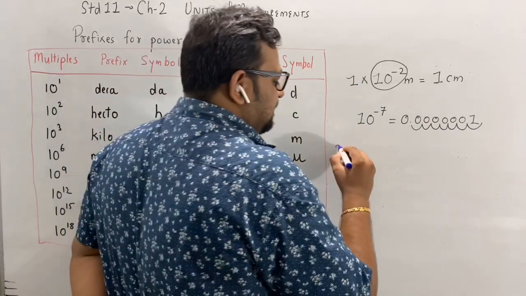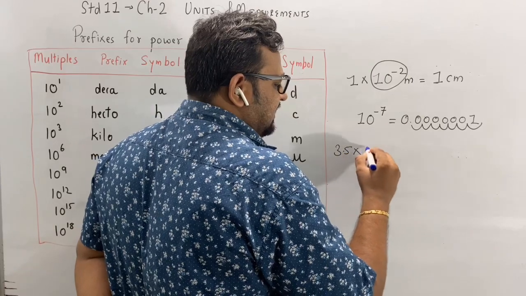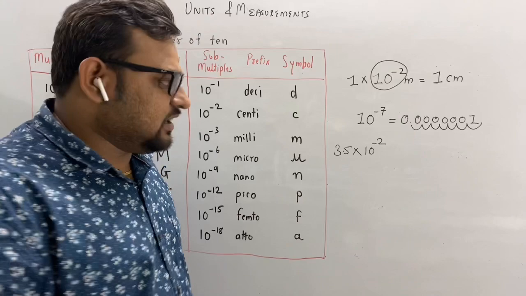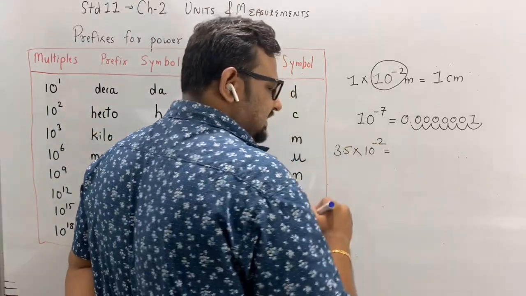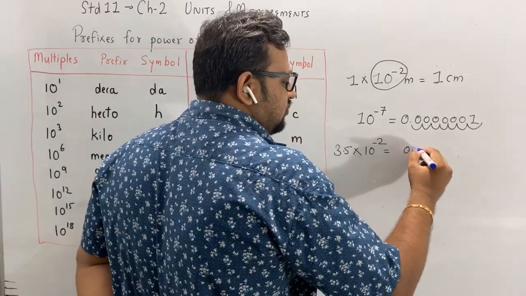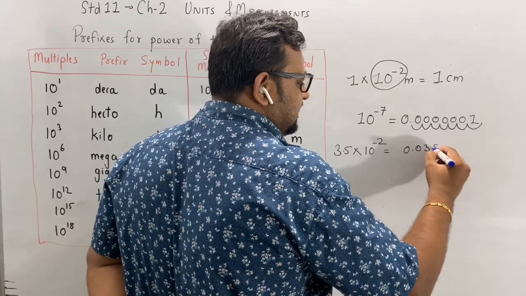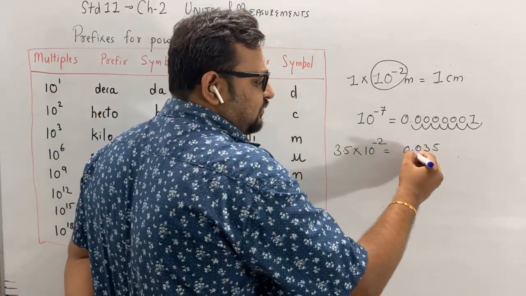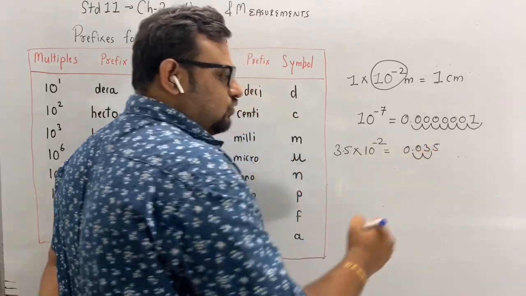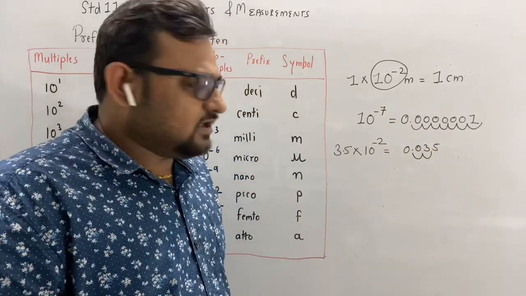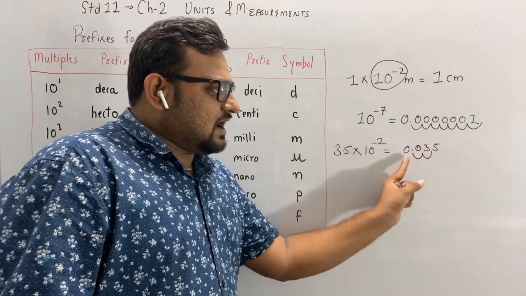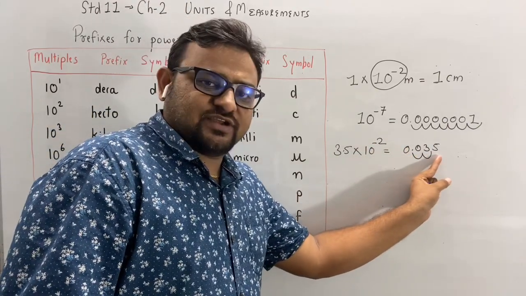If it is 3.5 into 10 raised to minus 2, then this will be equal to 0.035. Since it is 10 raised to minus, I'm shifting the point 1, 2. Clear? This can be written in this way.